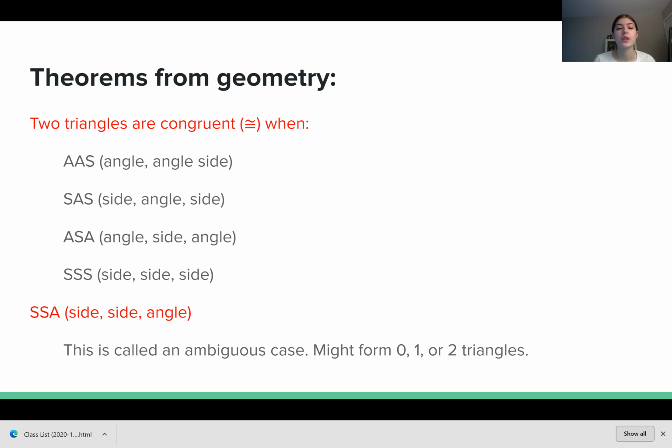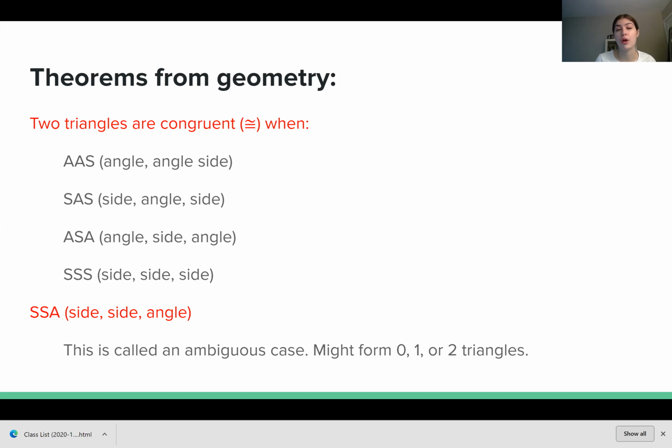If we're given a triangle with side-side-angle, when we're trying to solve for a missing side in trigonometry, this forms an ambiguous case, meaning that we could actually get one or two answers, or we might not get any answers at all. It might not even be possible to find the missing side. So that is a tricky case. That's why it's called an ambiguous case.